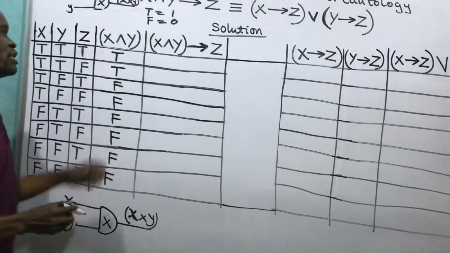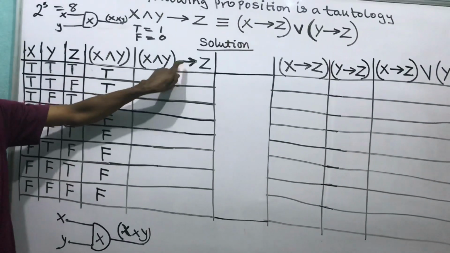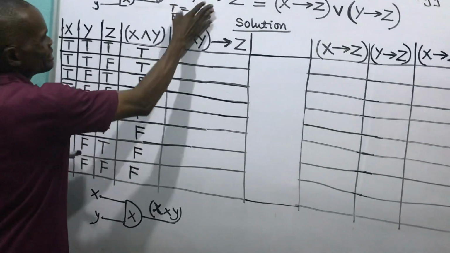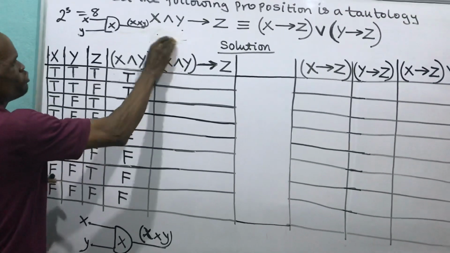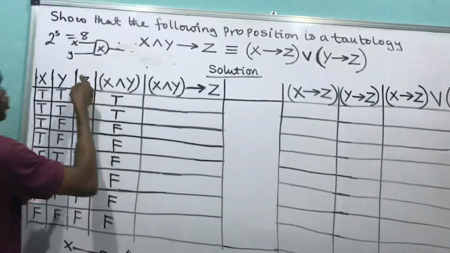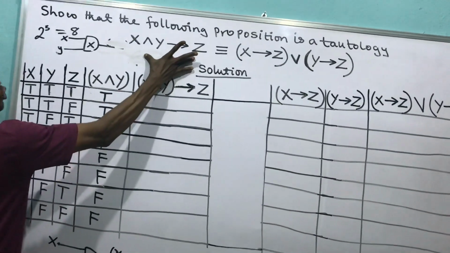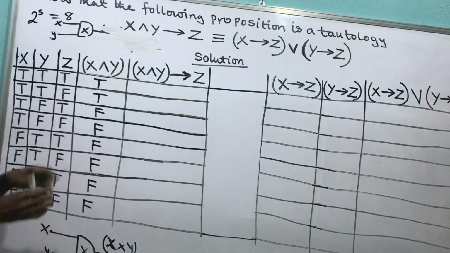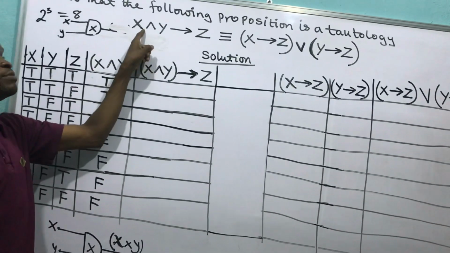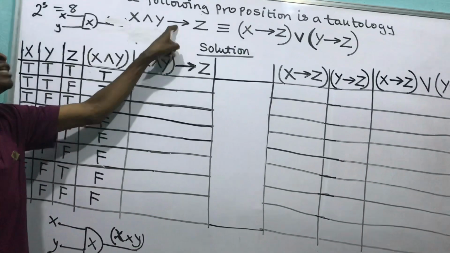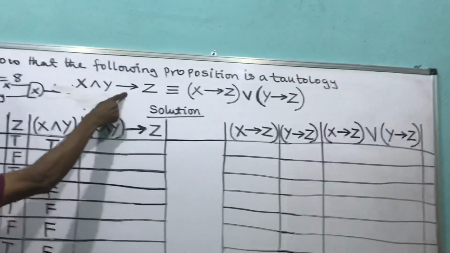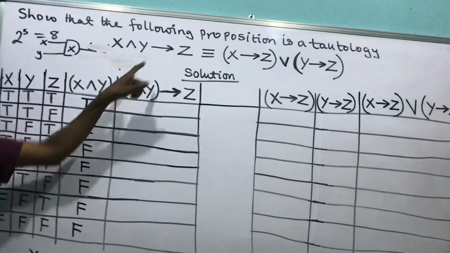Then I'll finish with this one. Now, what does this mean? After I have done this, let me clean this so that it will not confuse us. Who is going to handle this case now? The AND gate has handled its own case, which we call multiplication. Now, the one holding this case is the single implication.